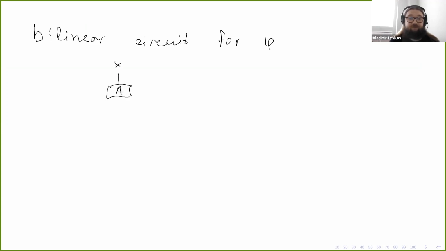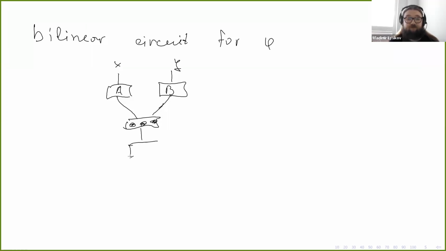So we have this special kind of circuits which are called a bilinear circuit for phi. We have X and Y. It has some linear pre-processing of X and Y. And we have some multiplications.